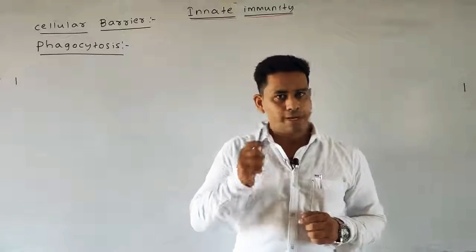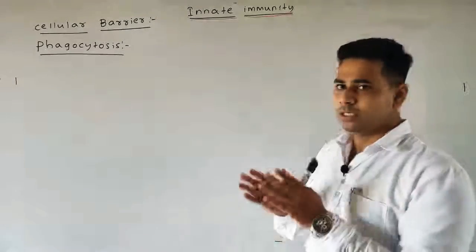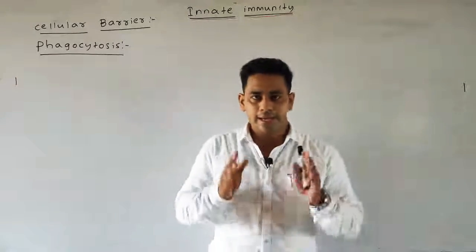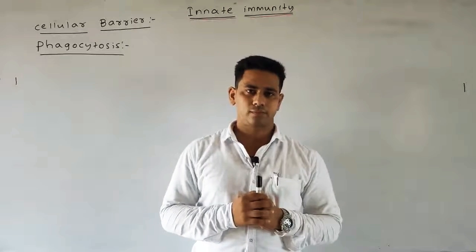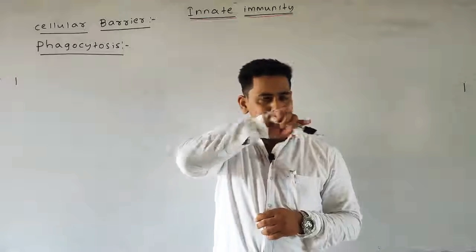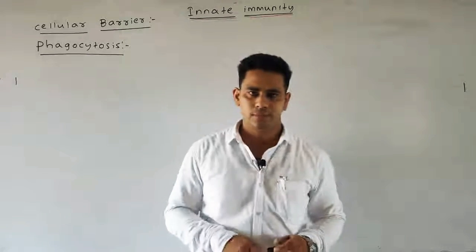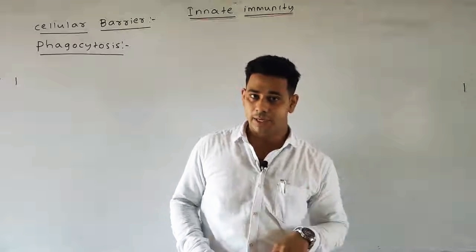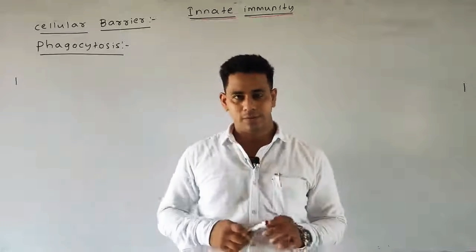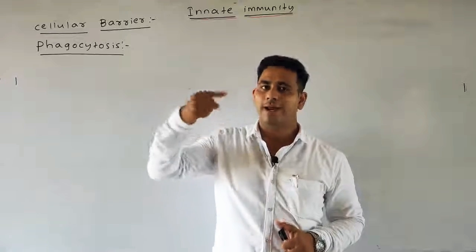Today we will discuss the internal innate immunity, which acts as the second line of defense. What is the first line of defense, second line of defense, third line of defense? The external innate immunity is the first line of defense, means whenever the pathogen enters into our body, first it will fight against them.